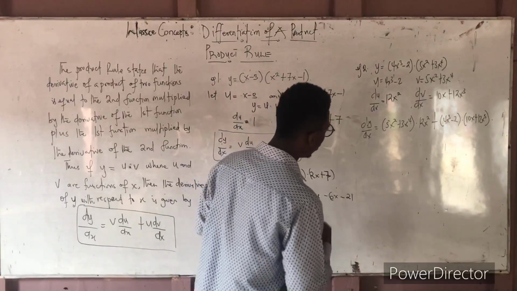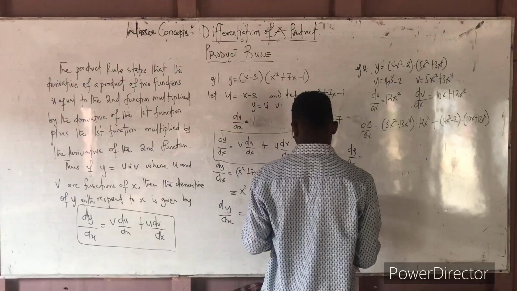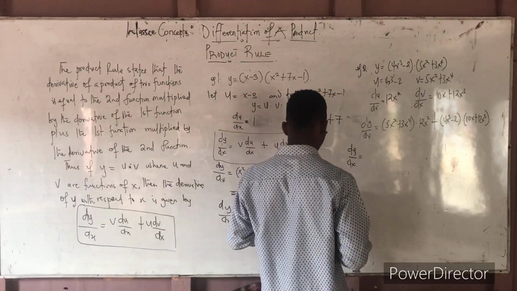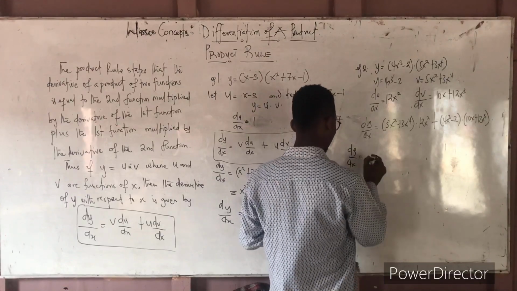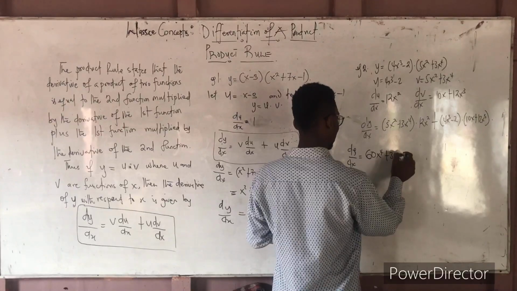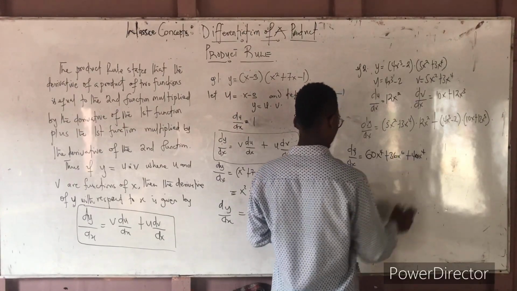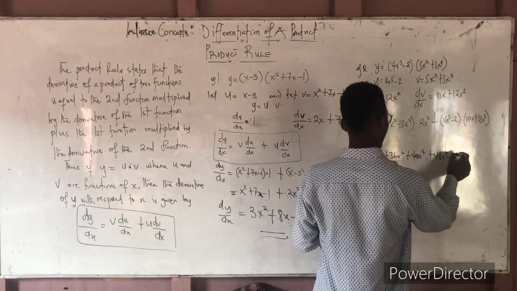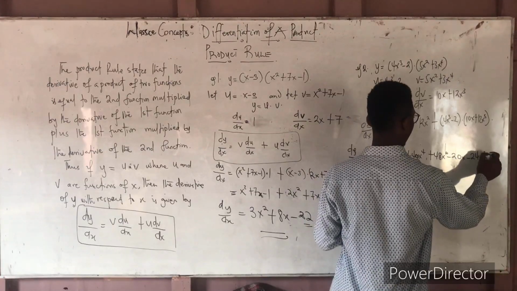When you do this, your dy/dx now becomes, you have to simplify everything. So you get 60x exponent 4 plus 36x exponent 6 plus 40x exponent 4 plus 48x exponent 6 minus 20x minus 24x cubed.